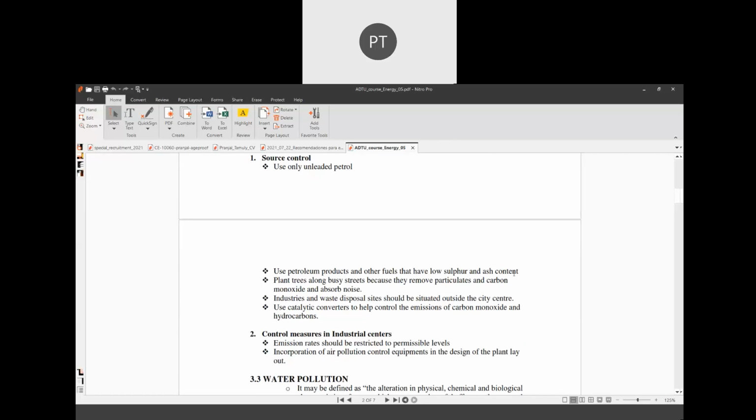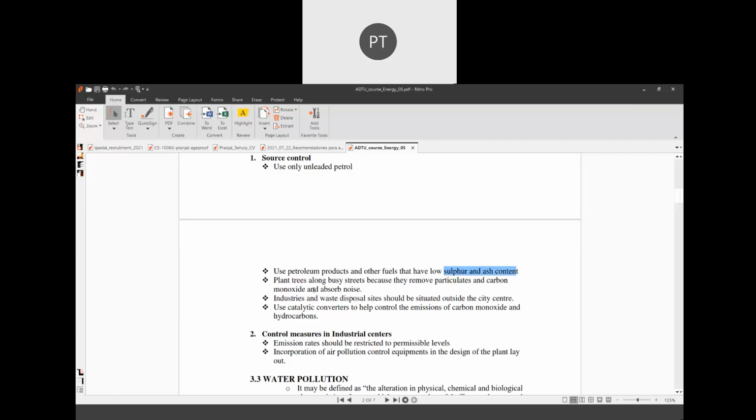Due to the burning of petroleum products, the sulfur is converted to sulfur dioxide, and from ashes different types of gases and suspended particles are emitted to the environment. So this is also another source of air pollution.